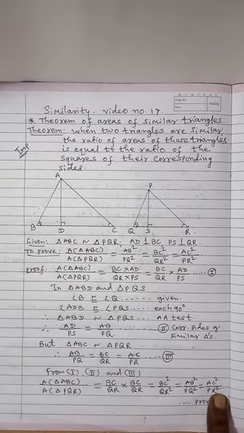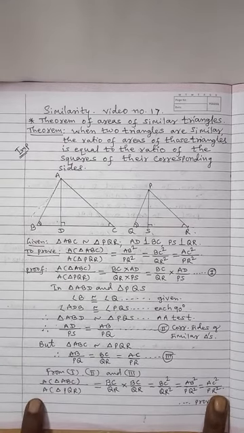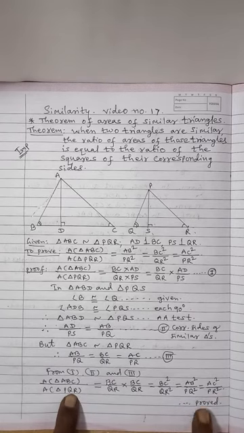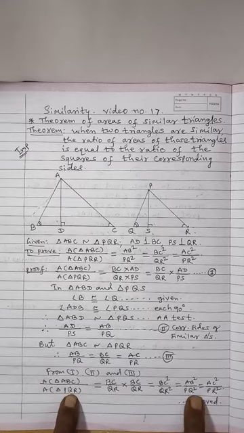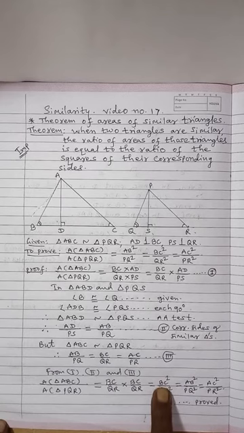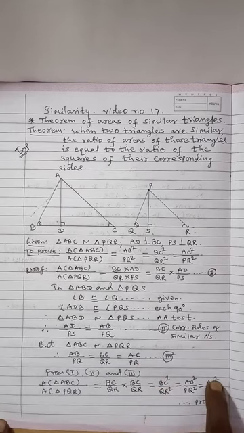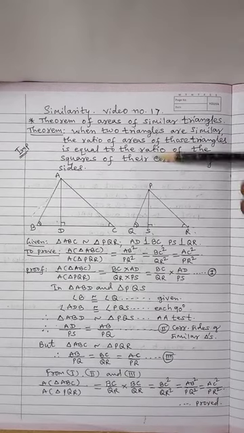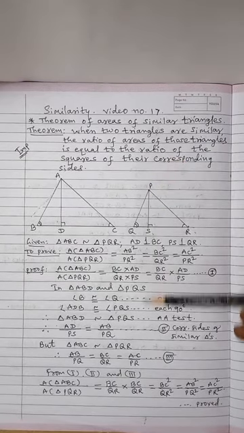And hence we have the result: area of triangle ABC upon area of triangle PQR is equal to AB square upon PQ square is equal to BC square upon QR square is equal to AC square upon PR square.